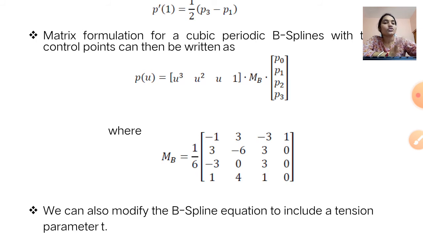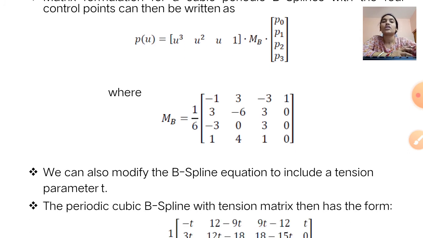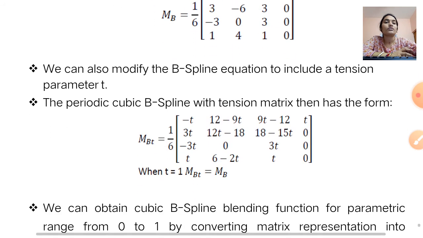Okay. We can also modify the B-spline equation to include a tension parameter T. That means we use another parameter here, that is T. The periodic cubic B-spline with the tension matrix has MBT equals 1 by 6 into the matrix form: minus T, 12 minus 9T, 9T minus 12, T; then 3T, 12T minus 18, 18 minus 15T, 0; minus 3T, 0, 3T, 0; and the last row is T, 6 minus 2T, T, 0.